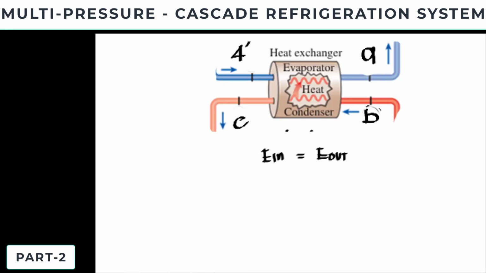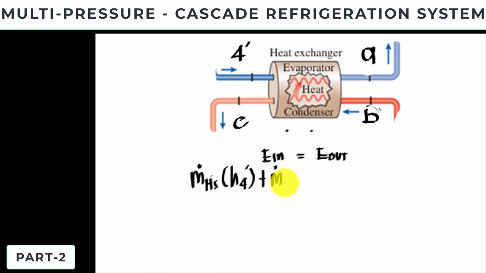Now let's have again an energy balance in the system. So we have the mass flow rate of the high stage times the enthalpy 4 prime, which is all entering.